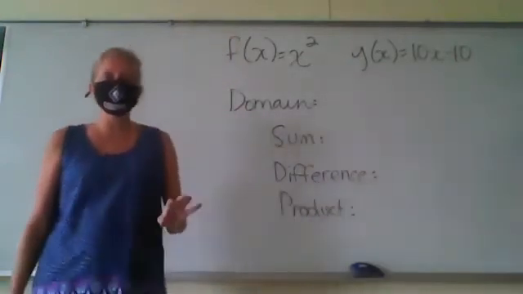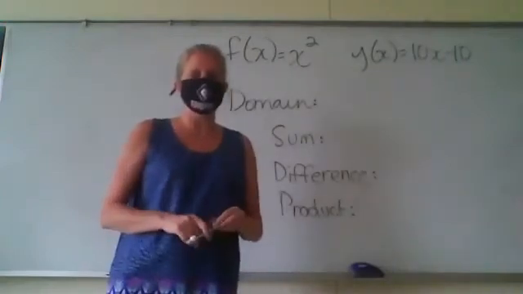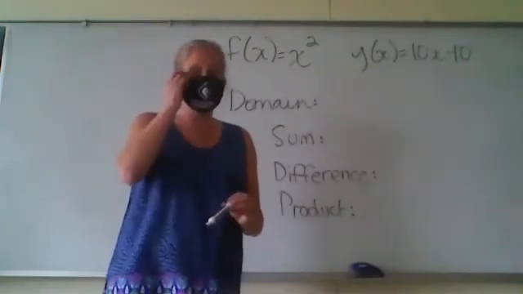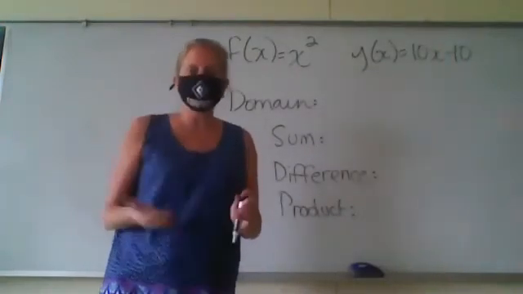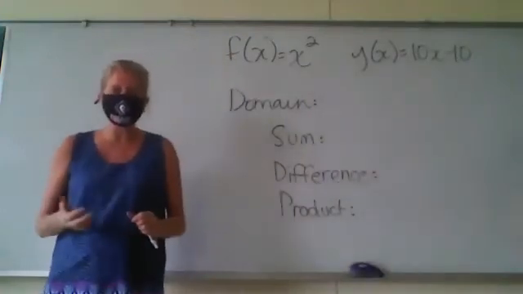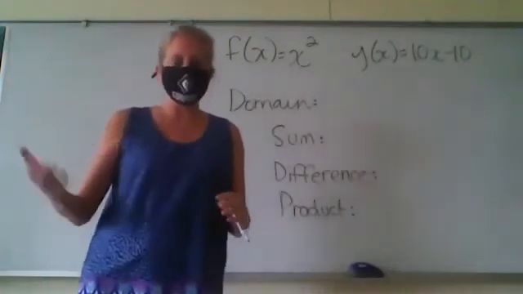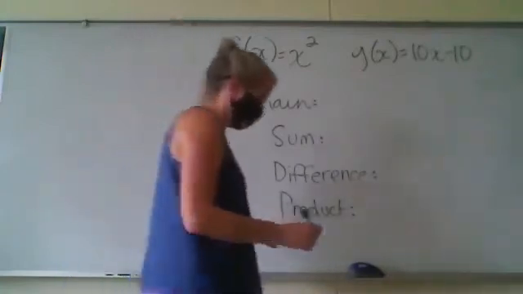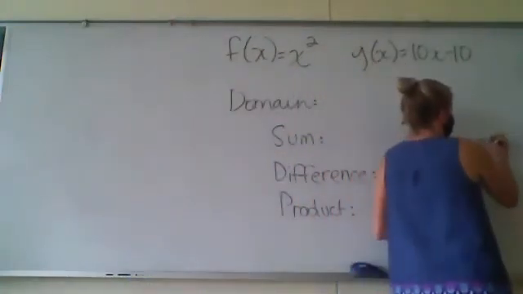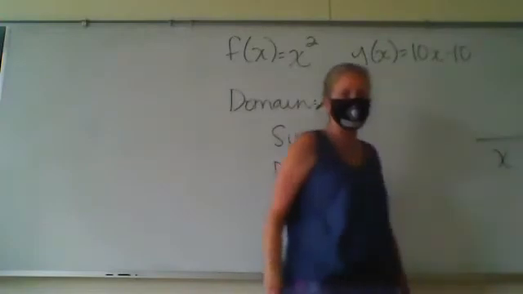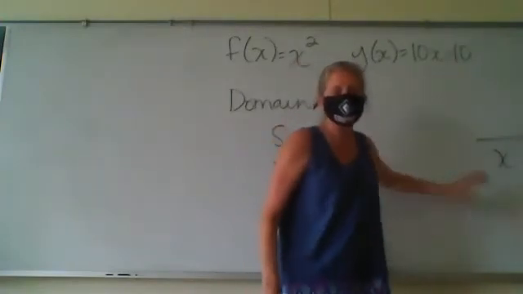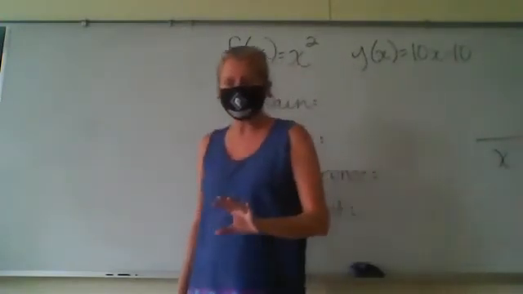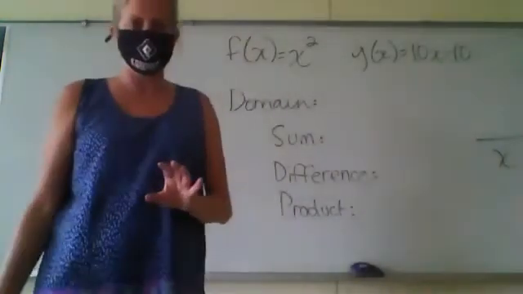Remember when we talked about the domain on Monday, what we were looking for is any kind of restrictions we would have in the domain, which came from x's in the denominator, right? If I had something like this with an x in the denominator, that means I'm going to have a restriction in the domain because you can't have 0 in your denominator.